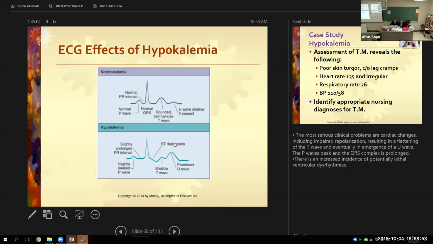And those are lethal dysrhythmias. You usually have no pulse, especially with VFib, and often with VTAC, ventricular tachycardia.